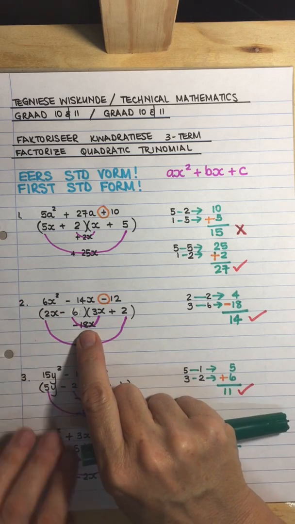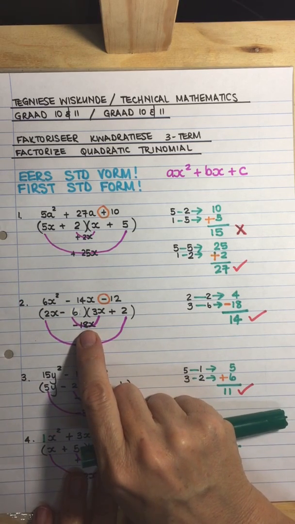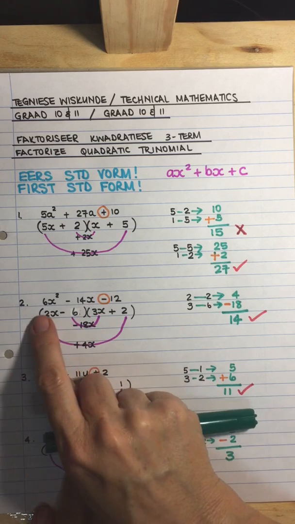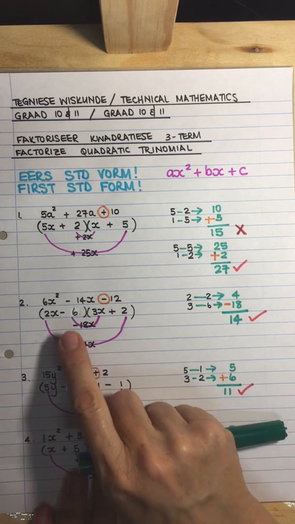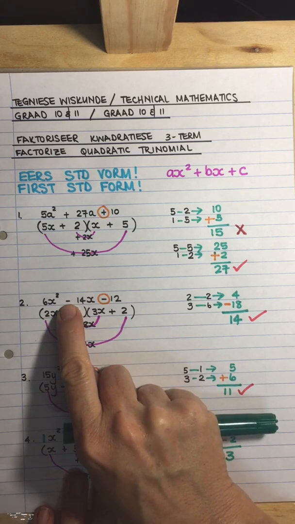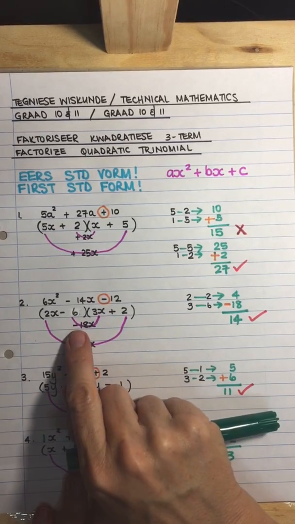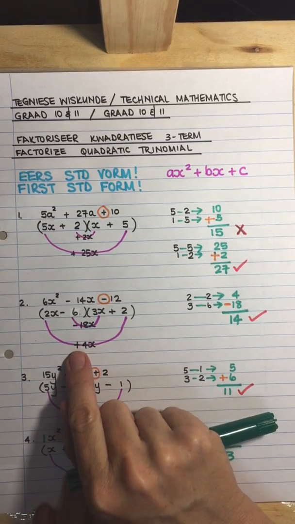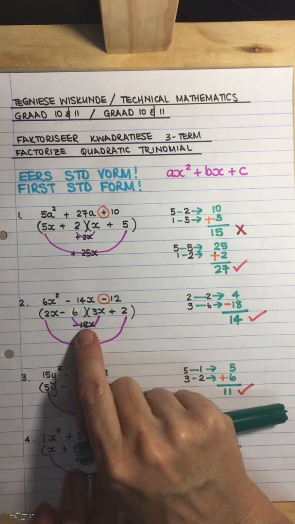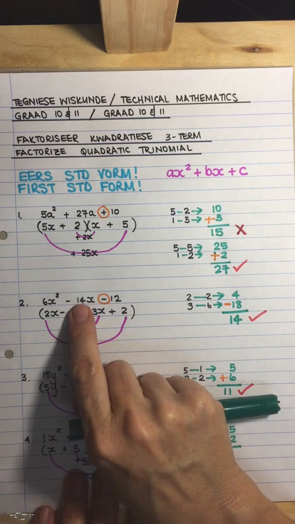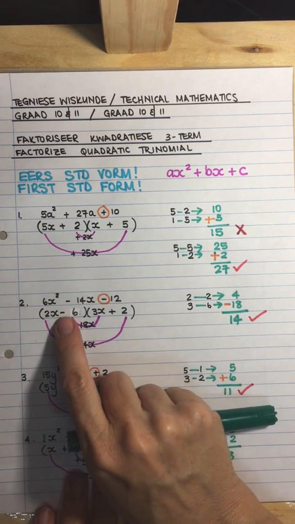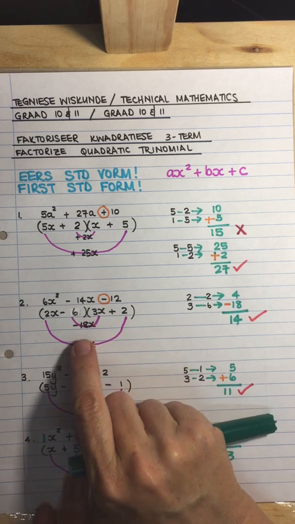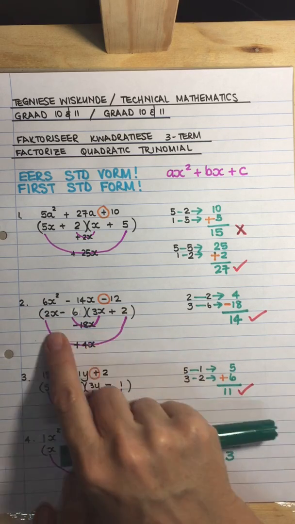I write down on the arcs what is the answer. 6 times 3 is 18. 2 times 2 is 4. I need a negative 14. So I'm going to make it negative 18 and plus 4. Negative 18 plus 4 gives negative 14. So it's minus 6 times 3 and plus 2 times plus 2.